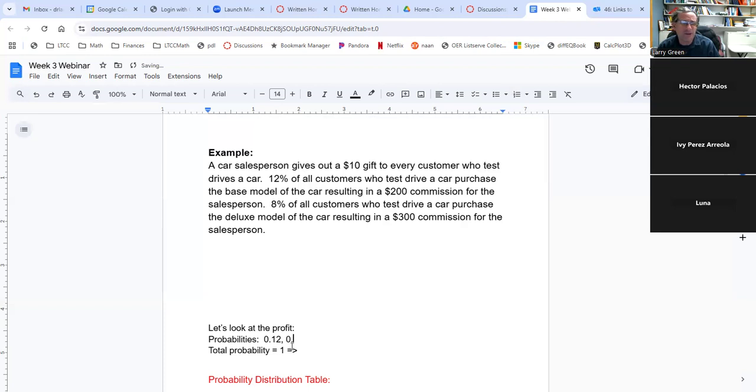How do you turn 8% into a decimal? What's 8%? Put it in the chat box. Some people make mistakes on this, and I want to make sure you don't. And if you're watching this recorded, write it down.